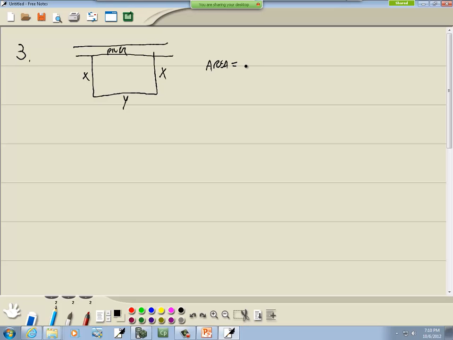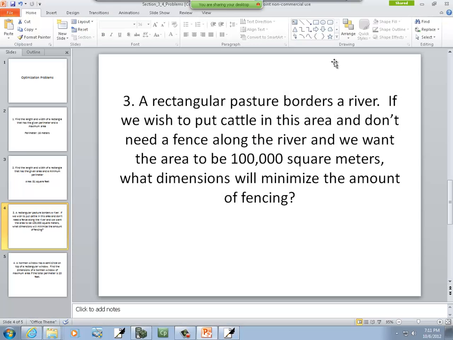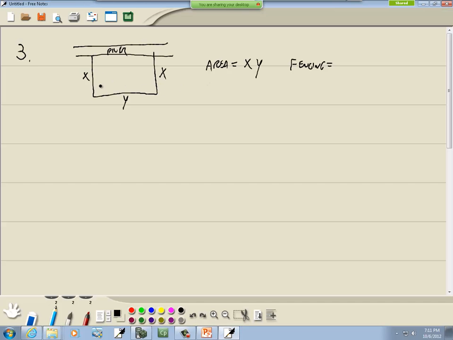Well, the area of a rectangle is this times this, like length times width. And our fencing, I'll put F eventually, but our fencing, that's going to be X plus Y plus X. So X plus Y, which gives us 2X plus Y.